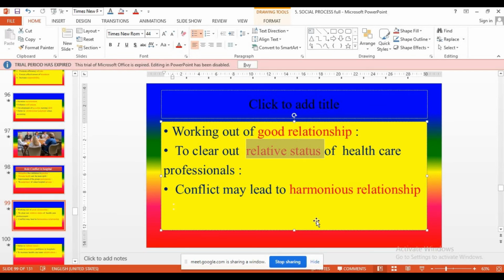Then conflict may lead to harmonious relationships. It can solve the problems in the hospital and promote good relationships between healthcare professionals.